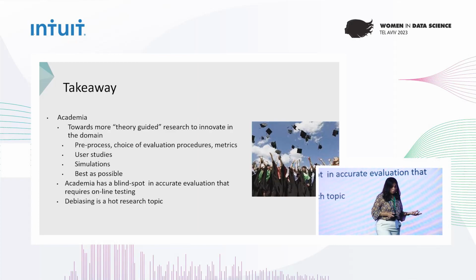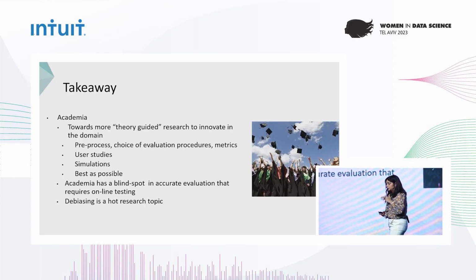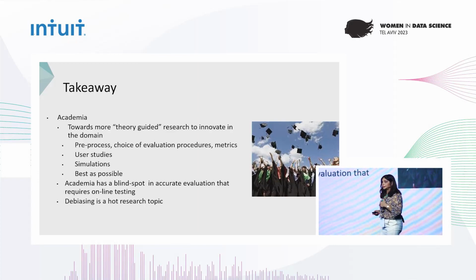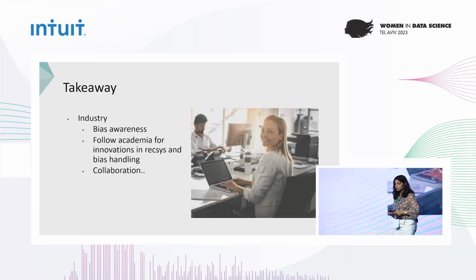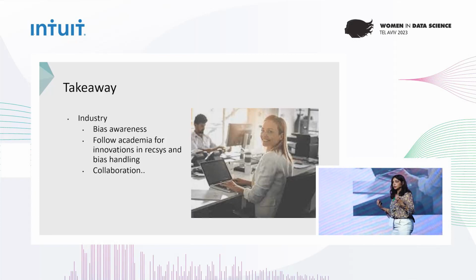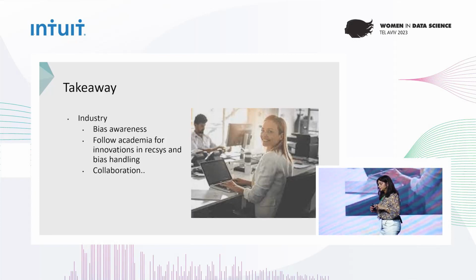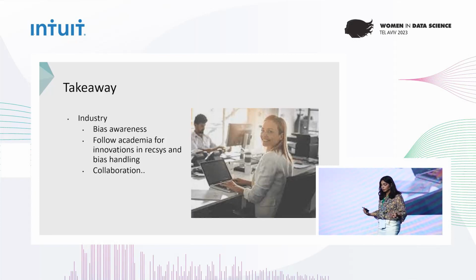Also, academia is very busy with providing debiasing methods and research in the field. And the industry in the field of recommender systems is now bias aware, and they follow academia for innovation and try to deploy it, and they do.